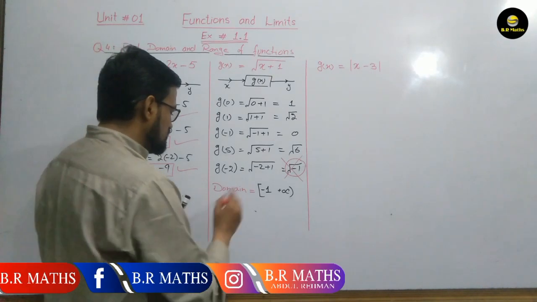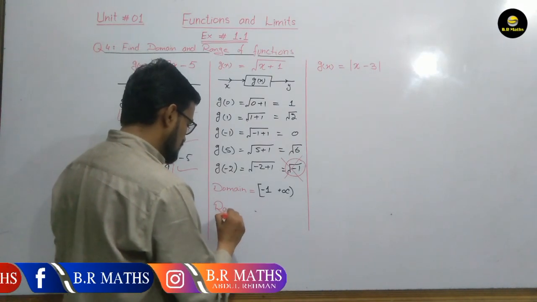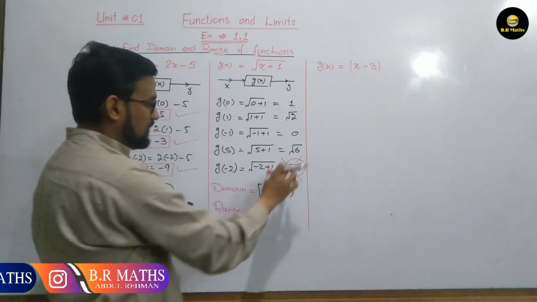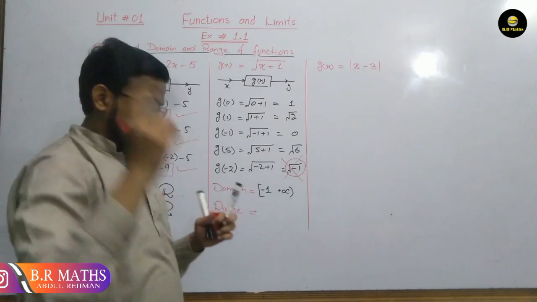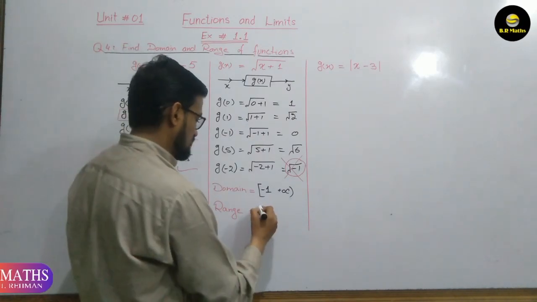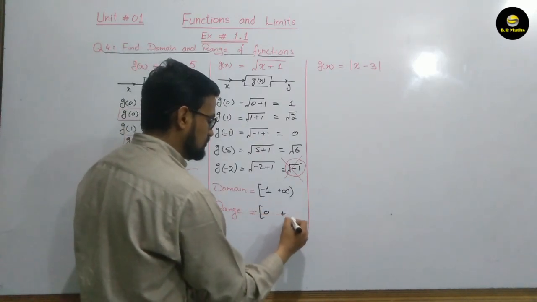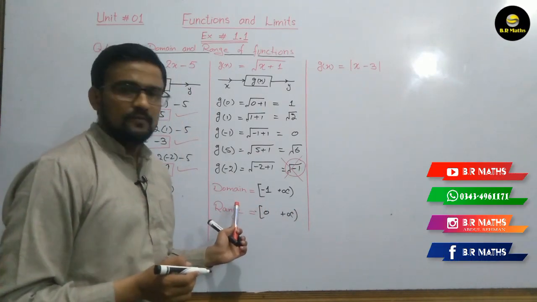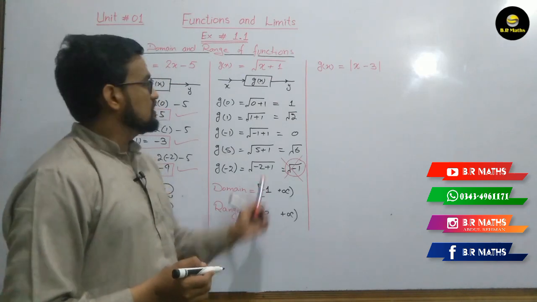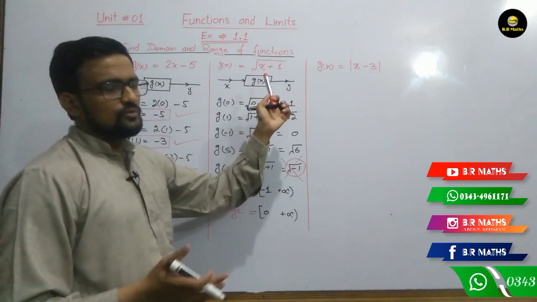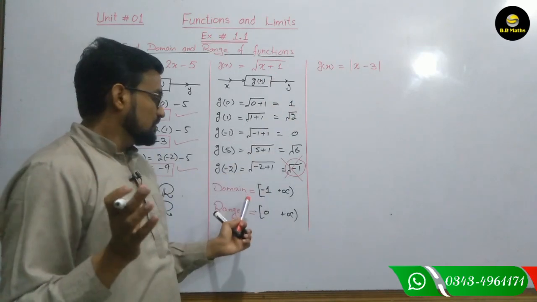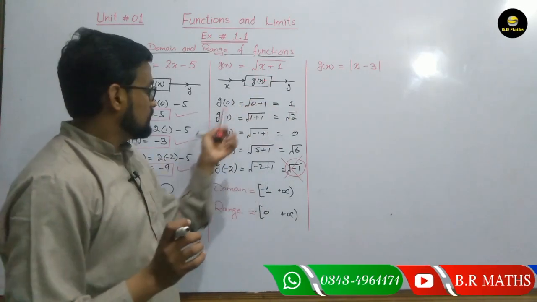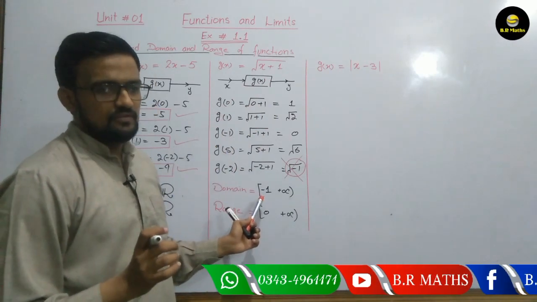And similarly the range: due to the square root function, it is 0 to positive infinity. So this is the domain and this is the range. The range is 0 onward because of the square root, and it becomes 0 at minus 1.